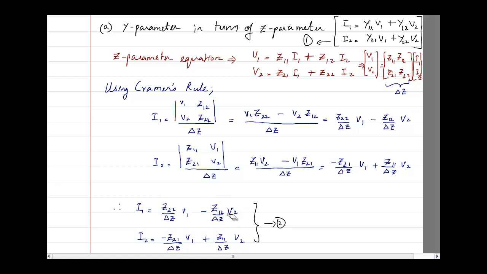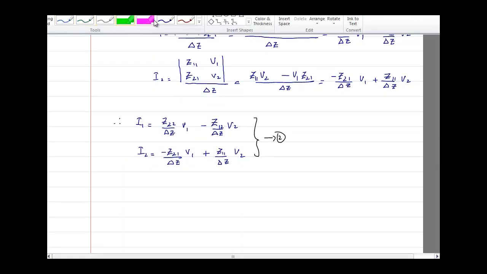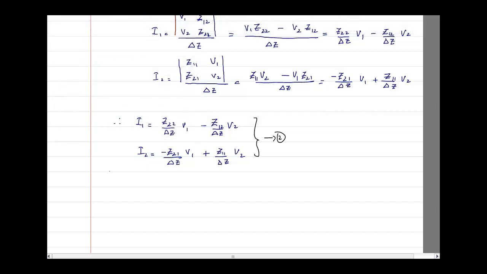Okay, it is going to be y12. Similarly here this is going to be y21 and this is going to be y22. So therefore the y parameter can be written as, see, I am having commonly delta z in each of these equations, correct?